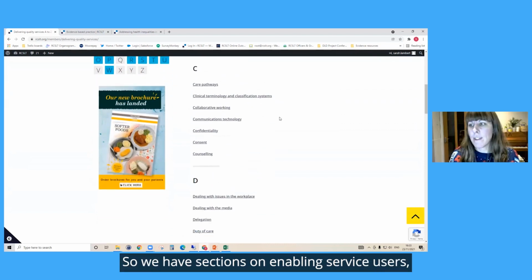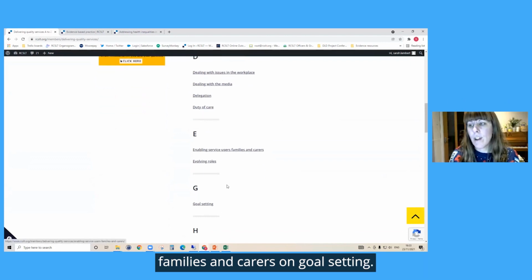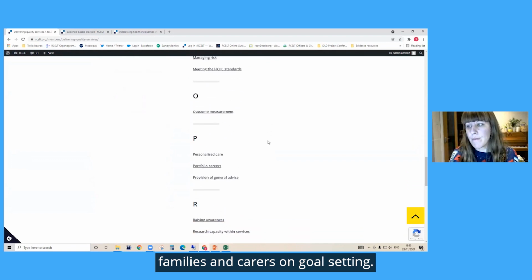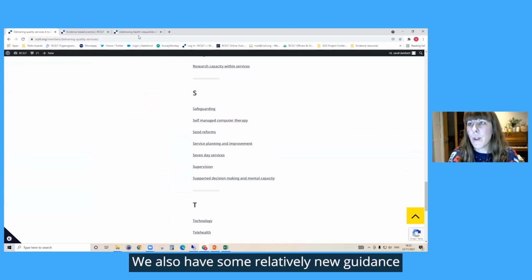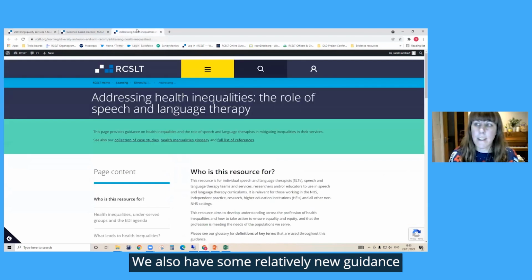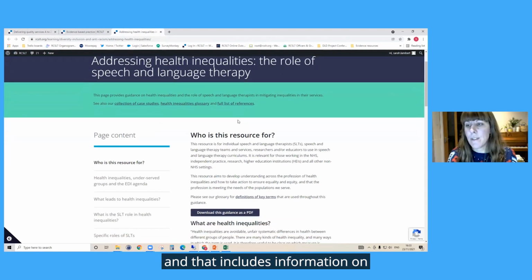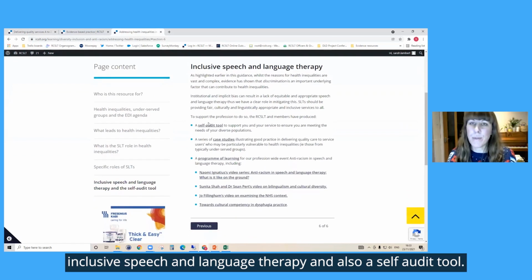So we have sections on enabling service users, families and carers, on goal setting, and also on supported decision making and mental capacity. We also have some relatively new guidance for members on addressing health inequalities, and that includes information on inclusive speech and language therapy, and also a self-audit tool.